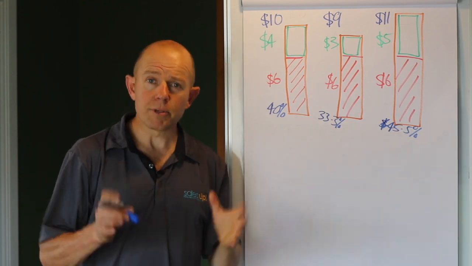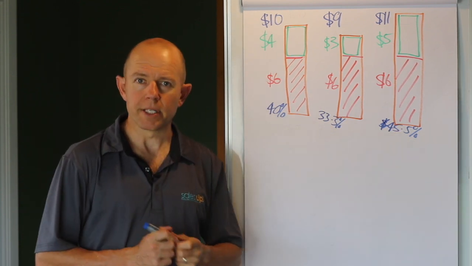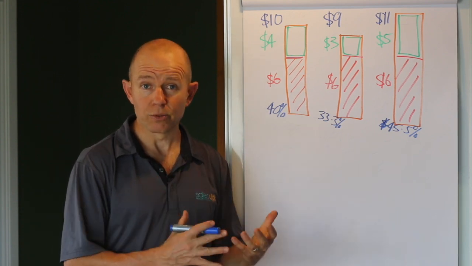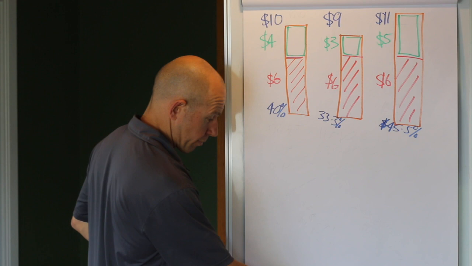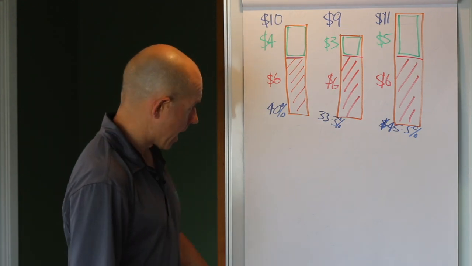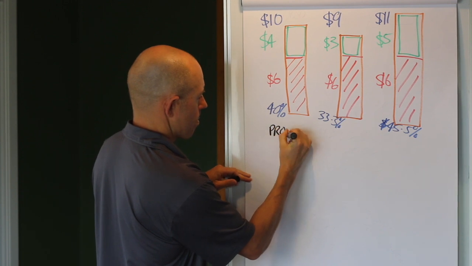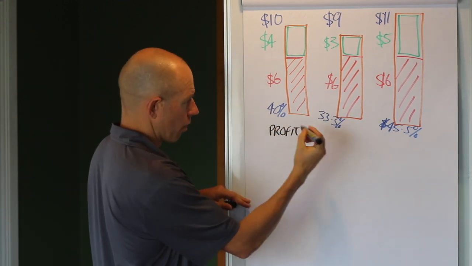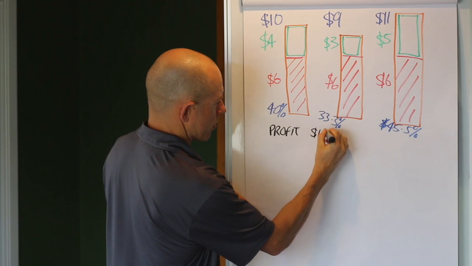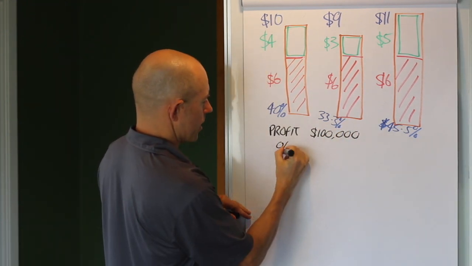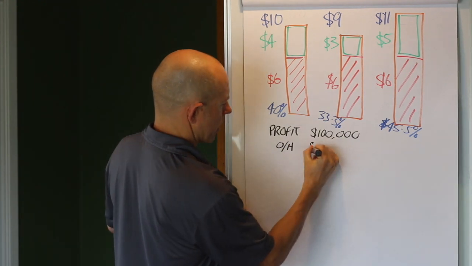Now, let me show you what that means in terms of how much you have to generate in sales to compare the 3 scenarios. Let's say in your business you want to make a total net profit of $100,000. And let's say your overhead in your business is $300,000.